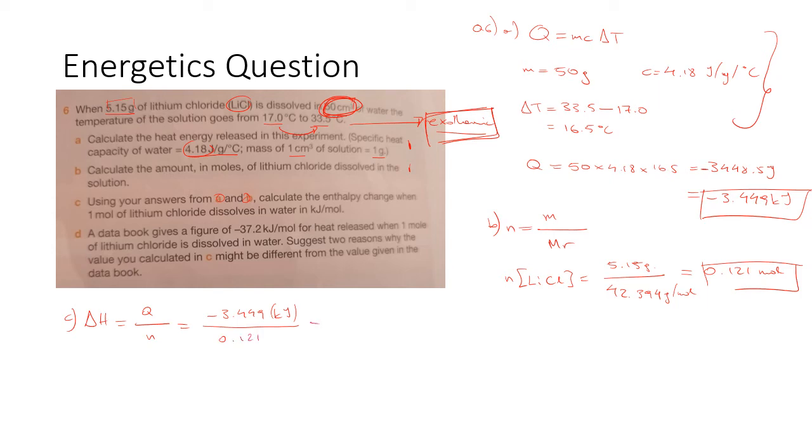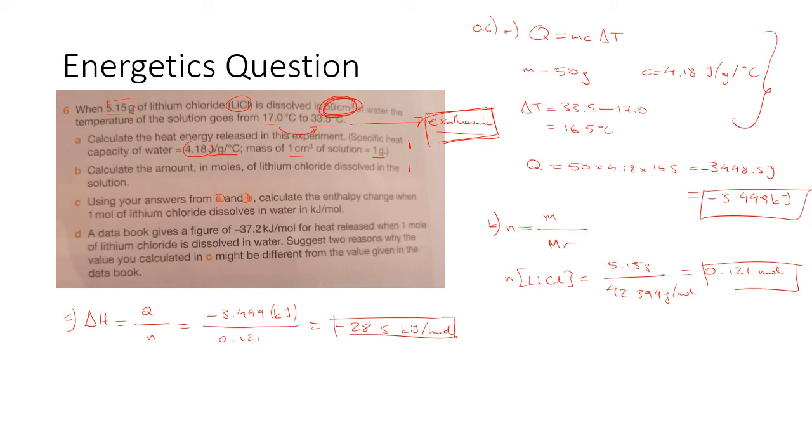If we calculate that, again check with your calculator, this gives us roughly negative 28.5 kilojoules per mole. So by this we mean that when 1 mole of lithium chloride is dissolved in water, the enthalpy change will be negative 28.5, and of course negative again because the reaction is exothermic.